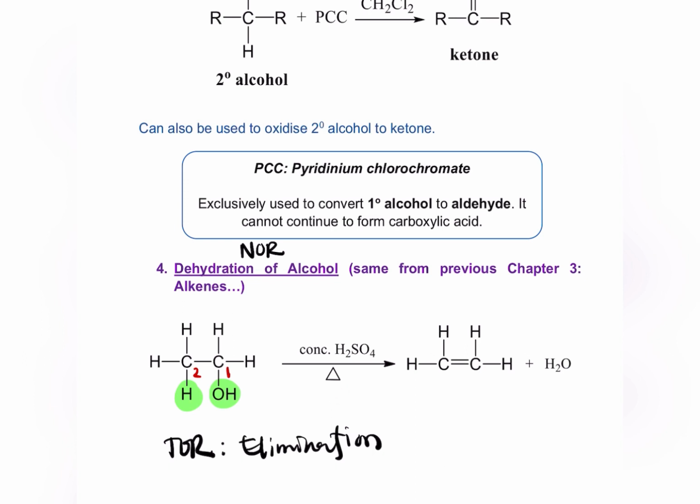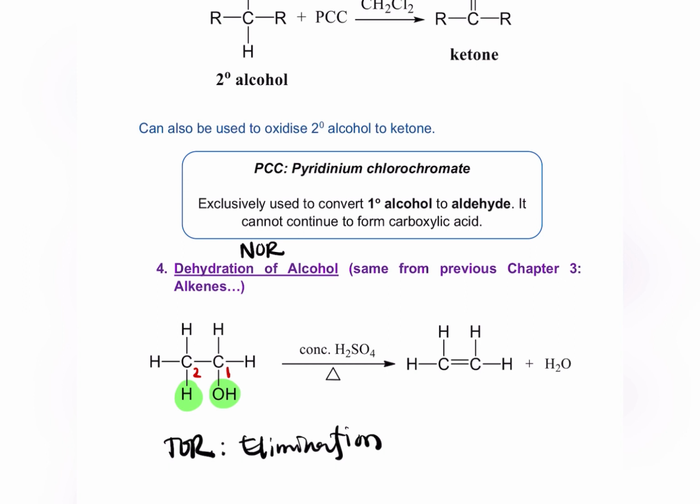I will form a multiple bond, which is a double bond between carbon 1 and carbon 2, and these two will combine together to form water as my side product. So this is just the same as the previous Chapter 3.